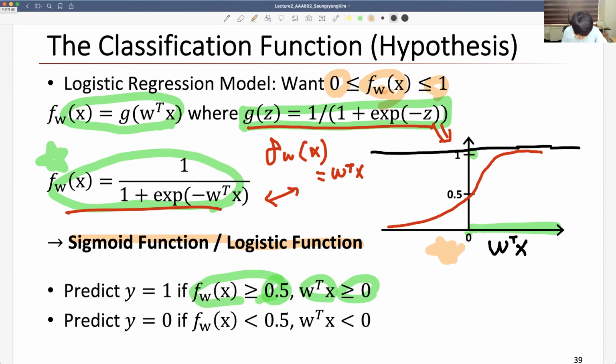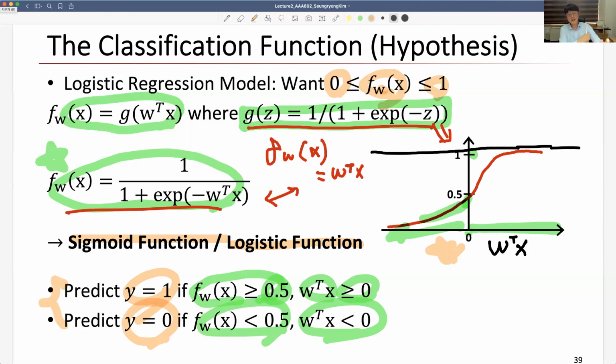Then we can say that this is the positive class. And if W transpose X is smaller than 0, then F of X is smaller than 0.5, then y is going to be 0, right? So these are the two rules to determine the class label.